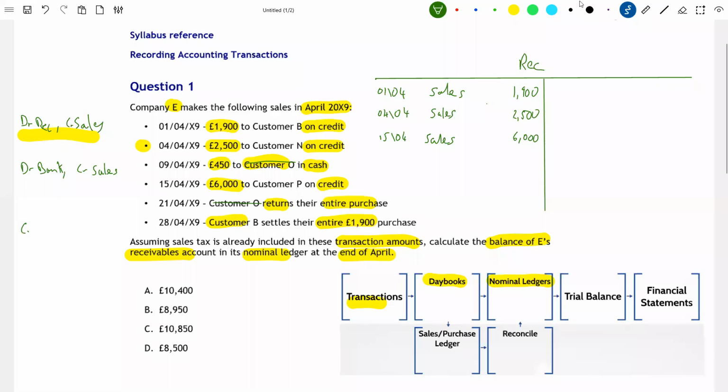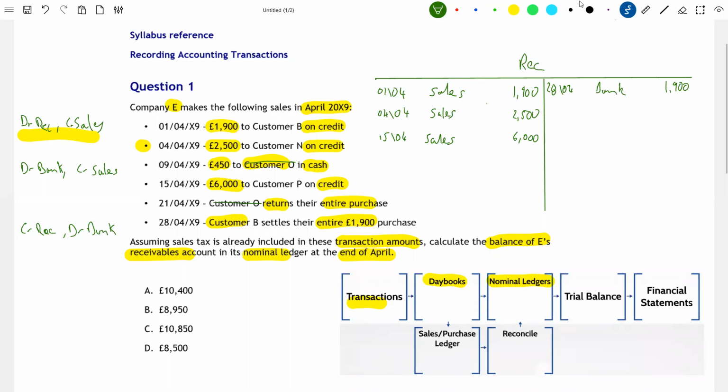Okay, so we would credit receivables and we would debit the bank account to recognize the customer actually settling this transaction. Okay. So in our receivables, we would add on the 28th of the 4th, this settling transaction. Okay, so 1,900.